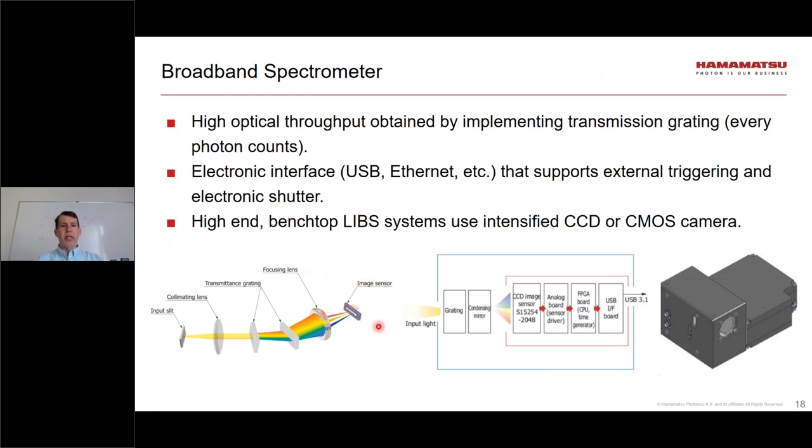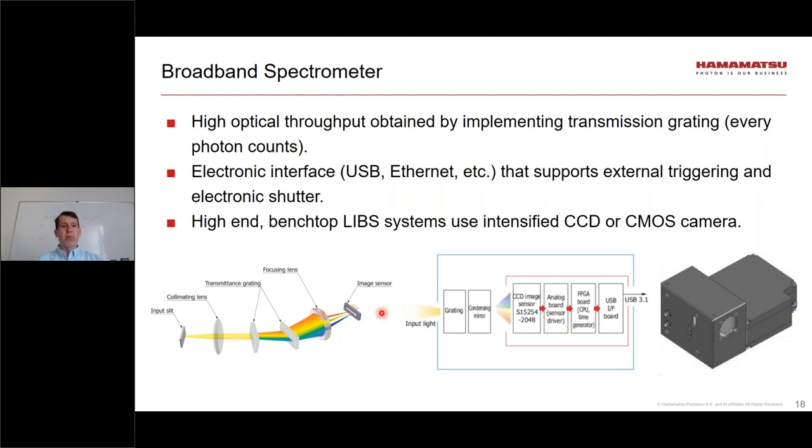So that CCD would be placed in a spectrometer of sorts. This is a typical illustration of what a spectrometer is and what it does. So the incoming light from the plasma essentially goes through some collimating lens and a dispersive element such as a transmission grating. And then that spectrum is imaged onto a CCD or CMOS detector with supporting electronics to enable this spectrometer to be gated in the appropriate time window.